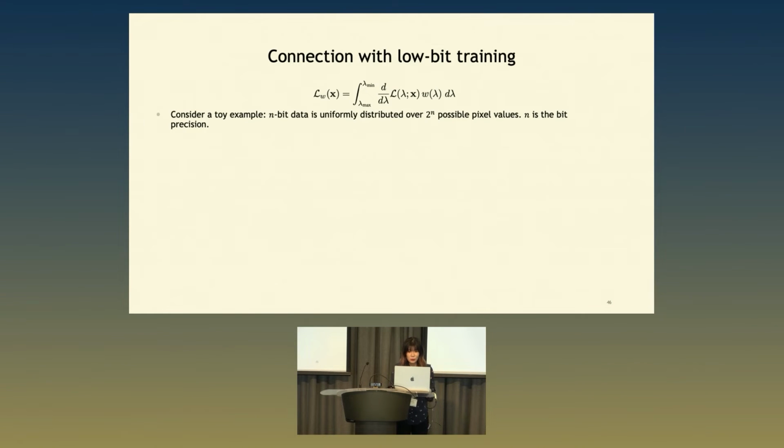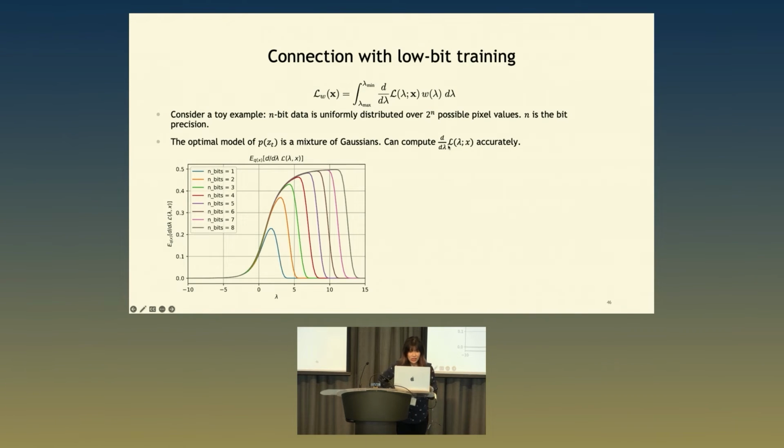Under this toy example, we actually know the optimal model, which is given by a mixture of Gaussians, where each Gaussian component is centered around each possible pixel value of the 2 to the n pixel values. In this case, we can compute the derivative of this L lambda x over d lambda accurately and explicitly. So we can draw a curve.